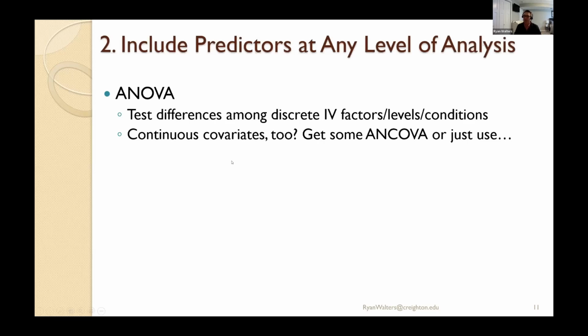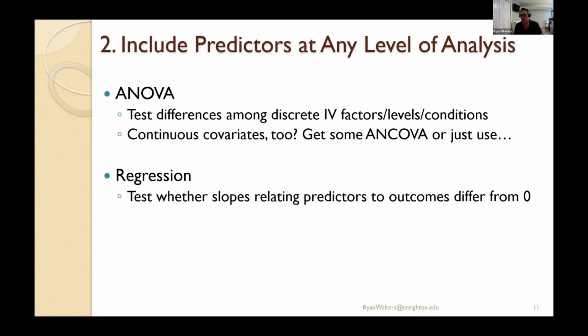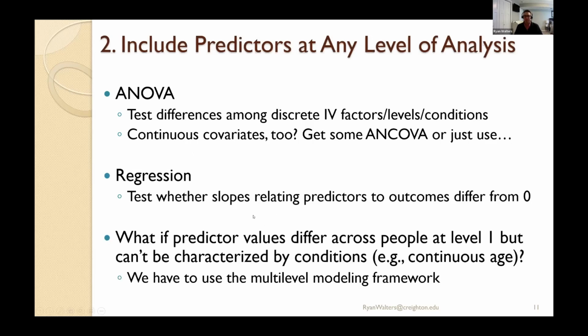So again, ANOVA was about testing mean differences between some sort of discrete groups. If you had continuous covariates, you moved from ANOVA to ANCOVA. ANCOVA is literally just a multiple regression model. So you can test slopes relating to predictors to see if they differ from 0. But if you have a predictor that differs across people at level 1, but can't be categorized into conditions, again, I'm sure most of you know, and I'm hoping most of you do, and I'm not going to soapbox this, but categorizing continuous variables is bad.